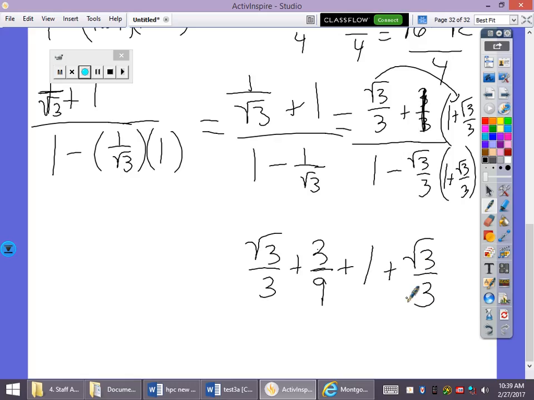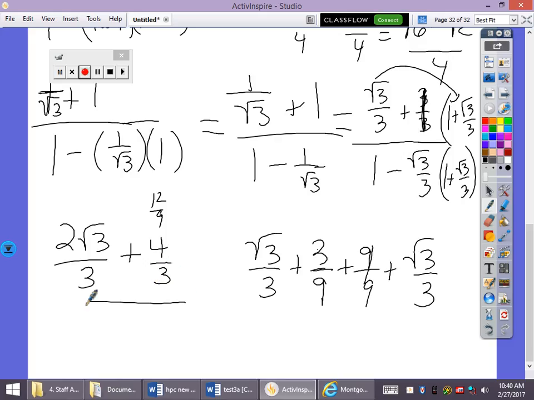So that gives me, if I put this over 9 over 9, 2 the square root of 3 over 3 plus 12 over 9. 12 over 9 reduces to 4/3 over 1 minus 3 over 9, which becomes 6 over 9, which is 2/3.